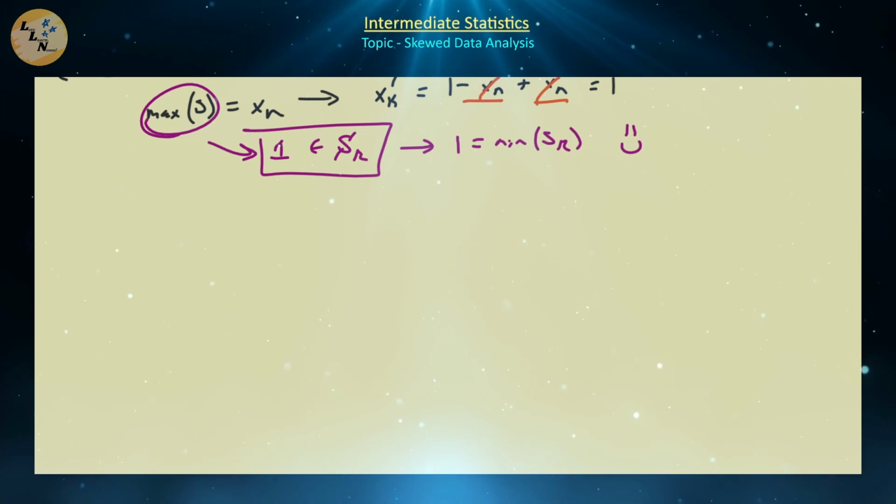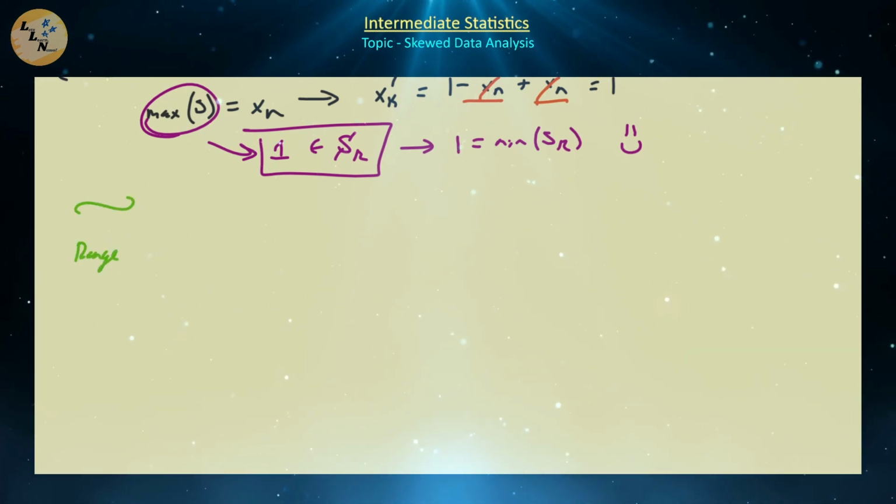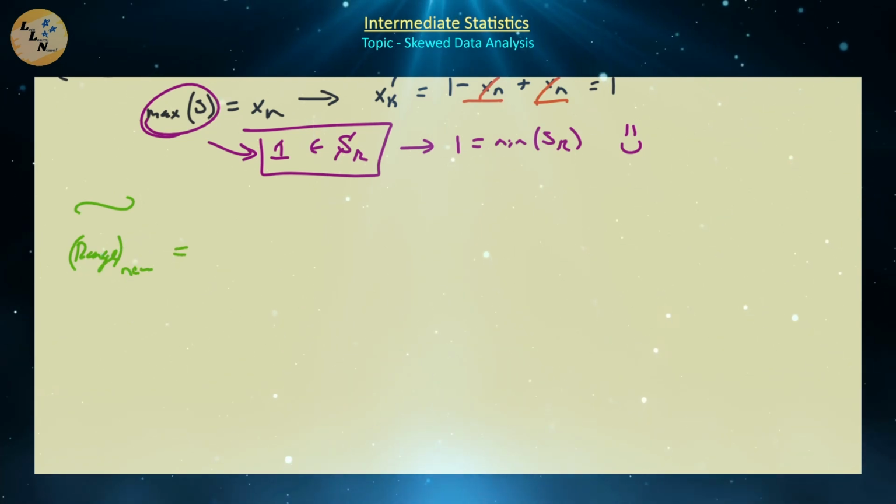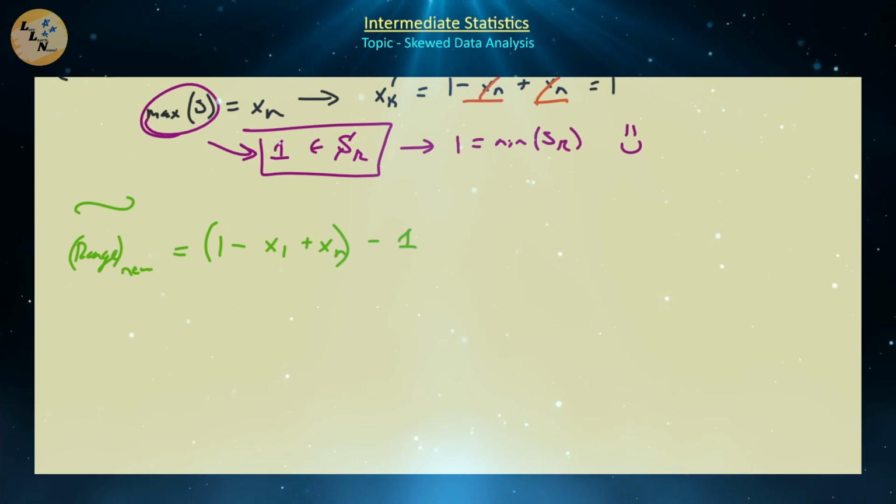Now, is the range going to be the same? So let's look at the range of the new data set. The range of the new data set is going to be equal to 1 minus x1 plus xn minus 1. Now, why exactly is this the range of the new data set? Think about it for a moment.